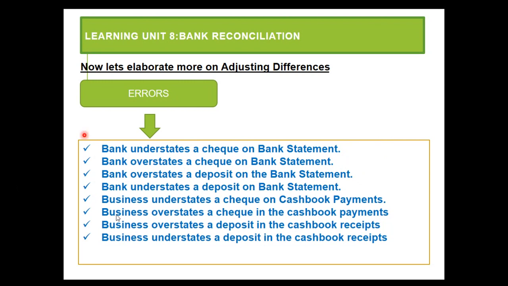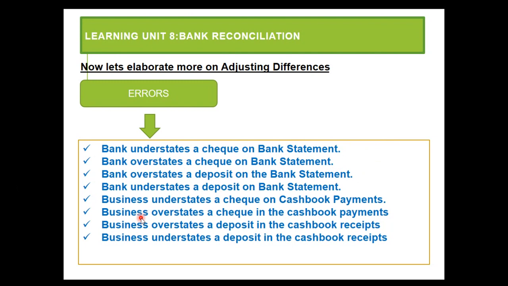Okay. But can you see where the business makes the mistake here? Can you see we either go to the cash book payments or cash book receipts. So what I'm trying to say here, you need to check where does the mistake appear. If the mistake appears on the bank statement, it means the error must be rectified under the bank reconciliation statement.